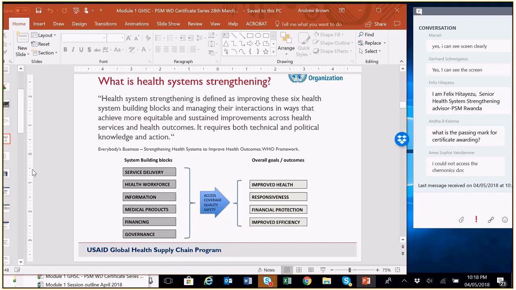Without any product, there's no program, and you've probably heard that. And it's really healthy to remind ourselves that countries that are under-resourced are trying to deal with a whole health system, and supply chain is only part of that particular health system. And so often we need to wave the flag in order to get supply chain on the agenda.